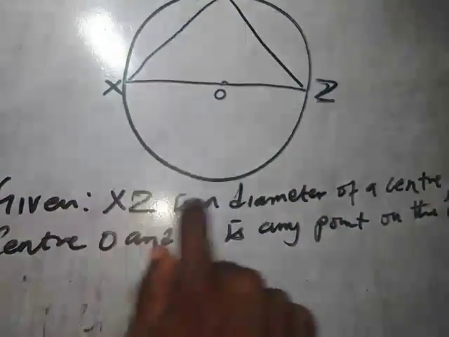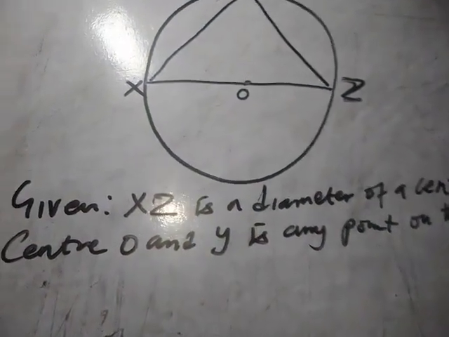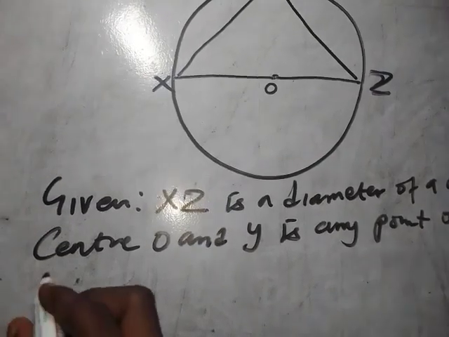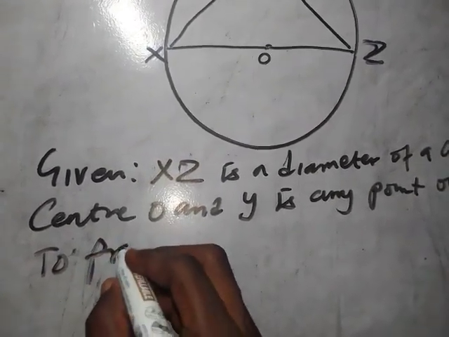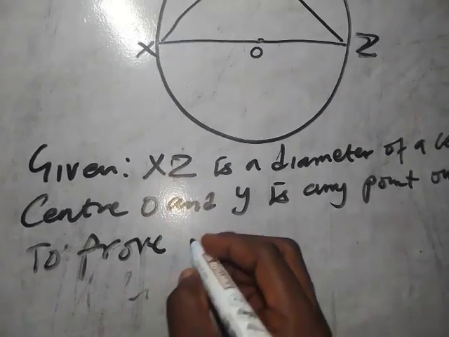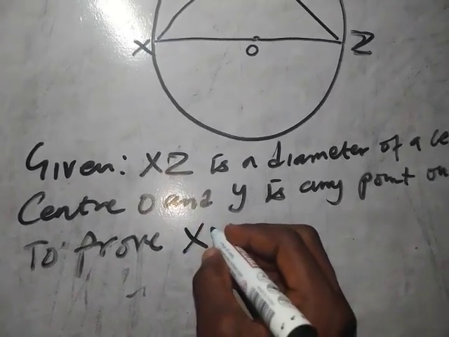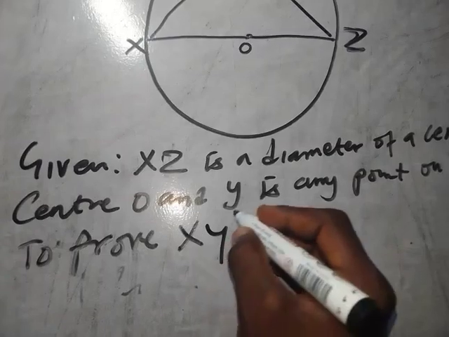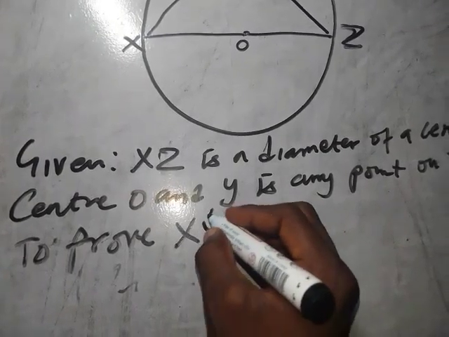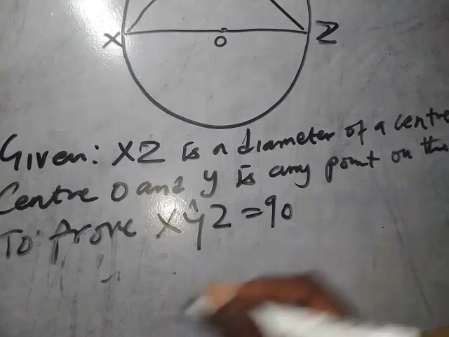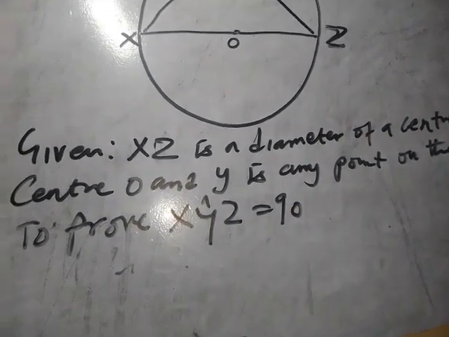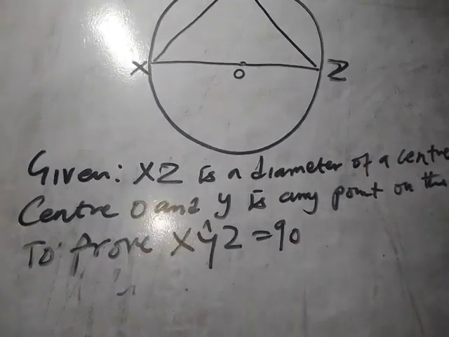This is the circumference of a circle. Now we are going to prove that angle xyz is equal to 90. Yes, we are going to prove that angle xyz is equal to 90.